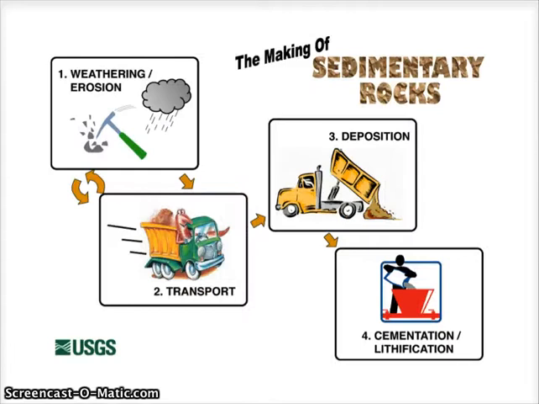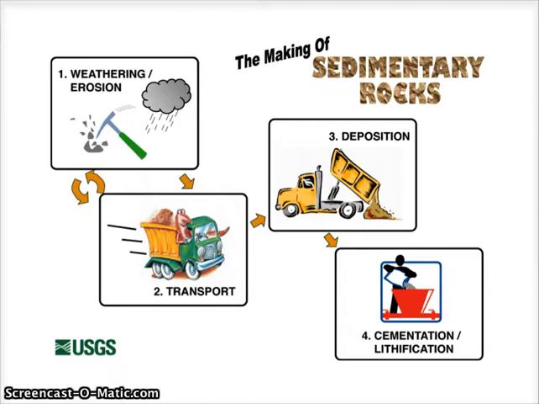In this graphic, you can see the first things that have to happen are weathering and erosion. That could be either through hydrolysis, through precipitation, or some chemical reaction on Earth's surface. The next thing that has to happen is transport, which is erosion. And the next thing after that would be the deposition of the material.